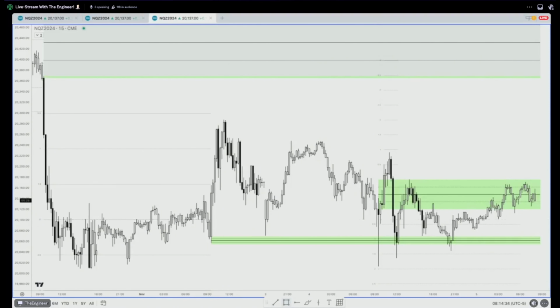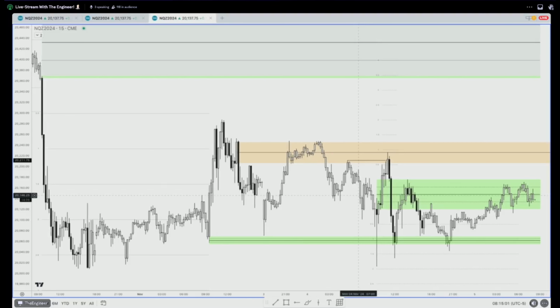Look, for example, today, we tapped into this buy side liquidity, but I am considering this candle right here. I'm not considering any PD array from here. I don't trust PD arrays from this chart, because from my back testing, it's a way to engineer liquidity from the regular trading hours.